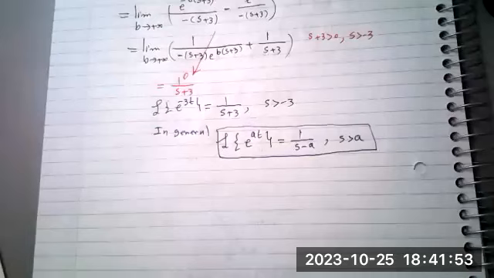Are you saying if you just substitute infinity without imposing that s plus 3 is greater than 0, it wouldn't be 0? Just listen to me.